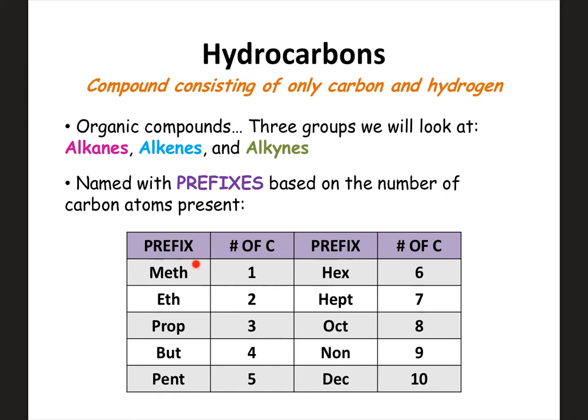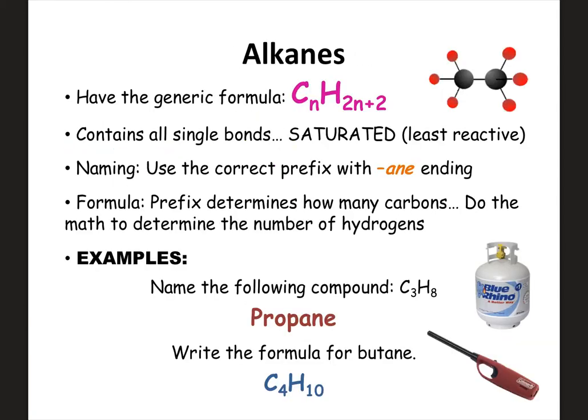The meth, eth, prop, but are different. If you had one carbon, that would be the prefix meth. 2 would be eth. 3 would be prop. 4 would be but. But then you can see it follows normal covalent prefixes: pent, hex, hept, oct, and so on. So definitely be aware of these prefixes and realize the number of carbon atoms in these hydrocarbons is going to tell you which prefix to use.